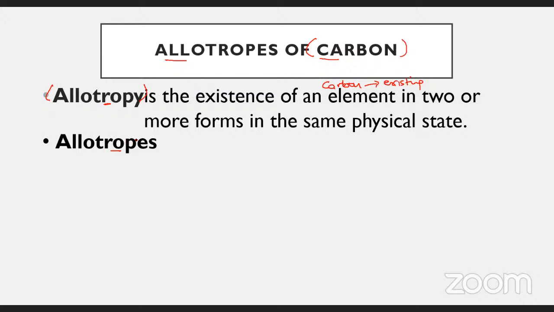So how about allotropes? Remember, we have said allotropy is the existence. Then how can we define allotropes? These two are connected. If we are able to define allotropy, then we can also define allotropes. Allotropy is the existence of an element.